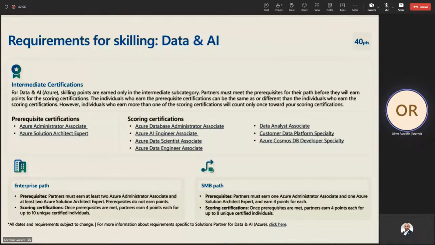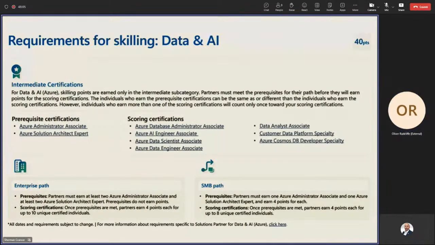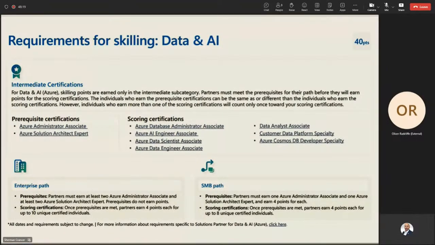So that'd be like an 8-point individual, I guess, and then you'd have 2 of them. Yeah. You're right. Or you could have 1 Azure admin. That's all he has. The other person would have Azure admin and Azure solution architect, right? And then maybe that same person is getting the advanced cert. Yeah, no, that makes sense.